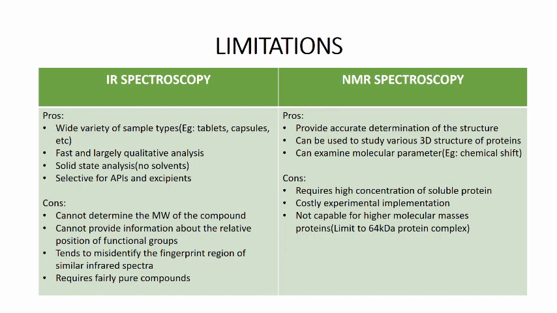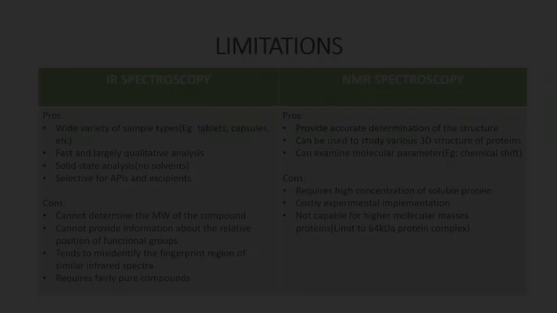But to use NMR spectroscopy, it requires a high concentration of soluble protein. Next, the experimental implementation is also quite expensive. NMR spectroscopy is not capable for higher molecular masses of proteins, which is limited to 64 kilodalton protein complex.